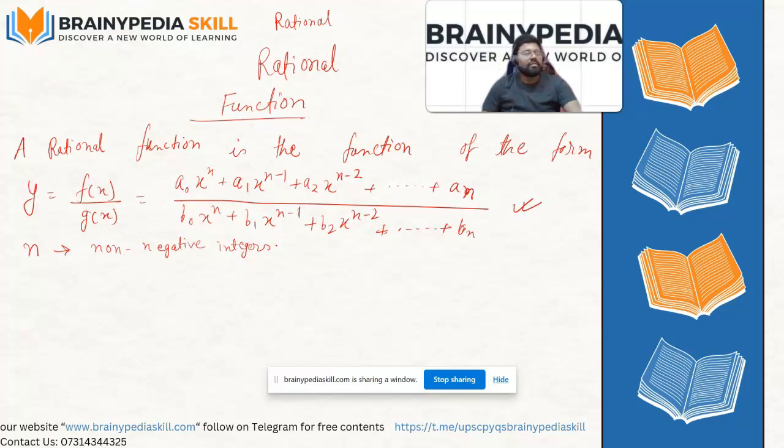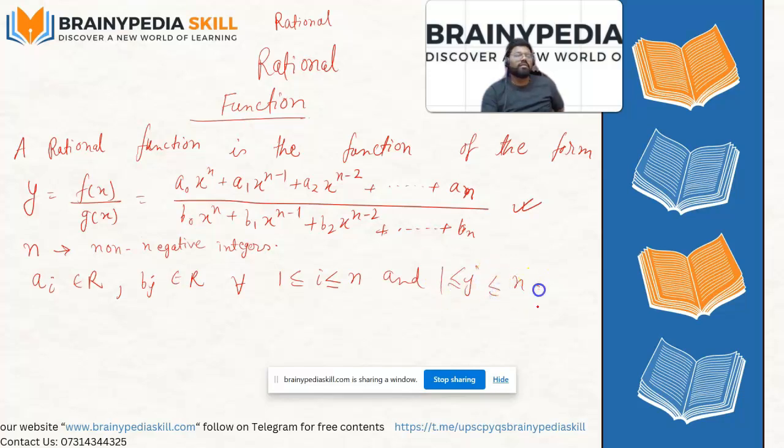And the condition is that ai belongs to any real number, and in fact bj also belongs to any real number, for all 1 less than or equal to i less than or equal to n, and j also from 1 to n.